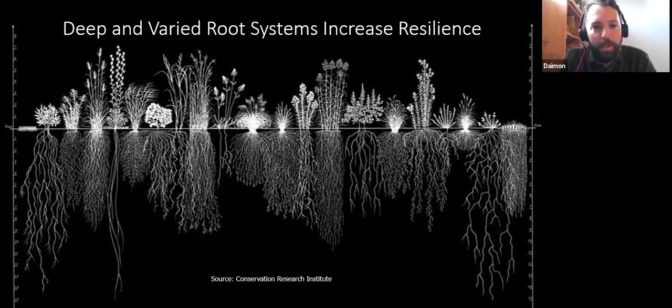For example, last year and back in 2016, when we had a pretty significant drought, a lot of people were talking to me about the fields having a lot of Queen Anne's lace in them. The grasses weren't doing well, but the Queen Anne's lace was going gangbusters.